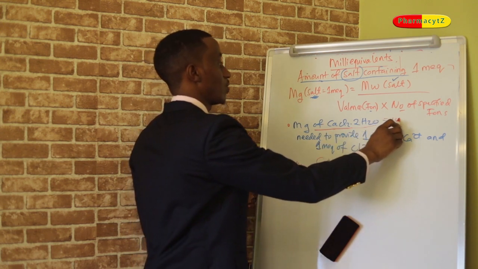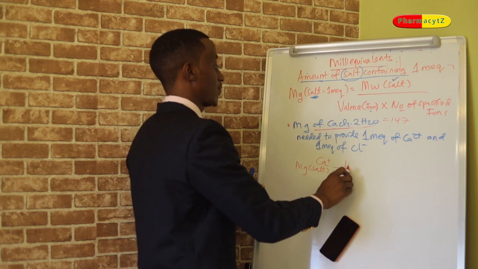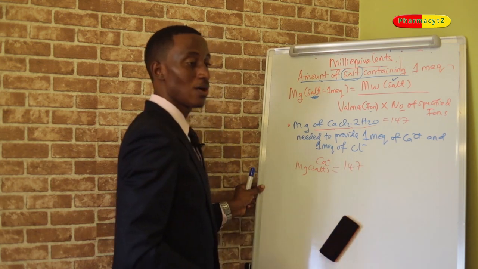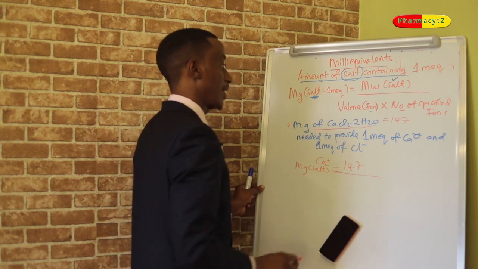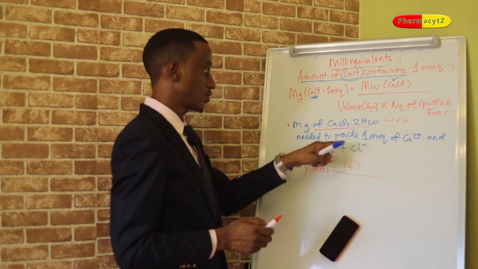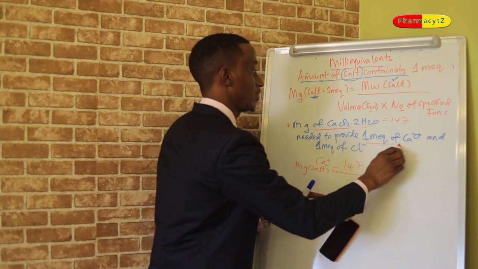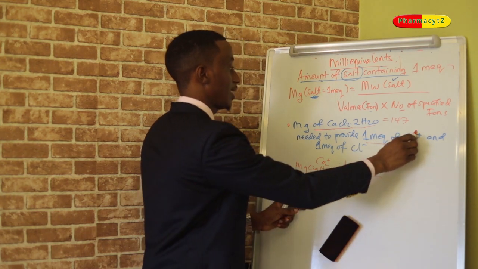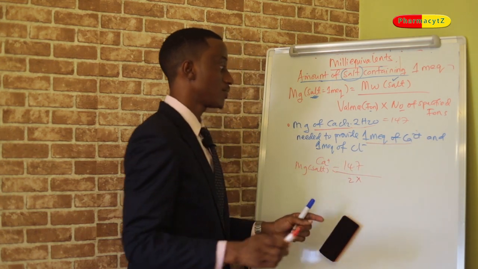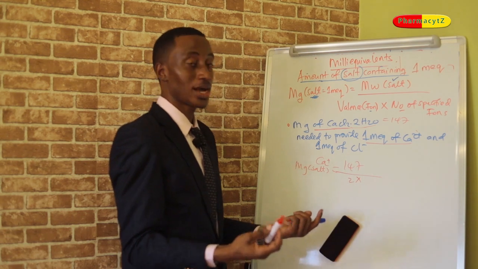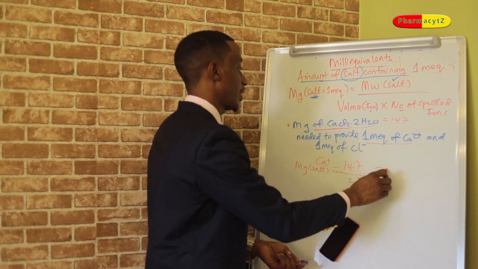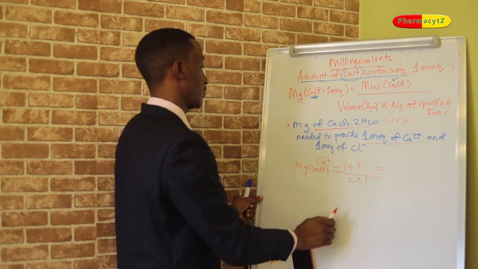Its molecular weight is 147 here. So 147, the molecular weight of the whole salt, divided by the valence of the specified ion. Here the specified ion is calcium, its valence is 2, times the number of specified ions, which is only 1 calcium.